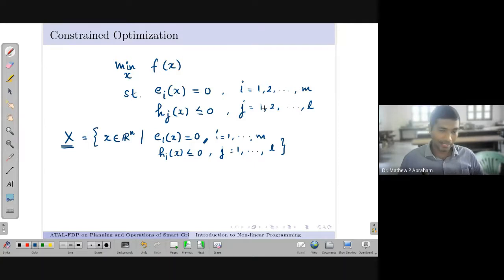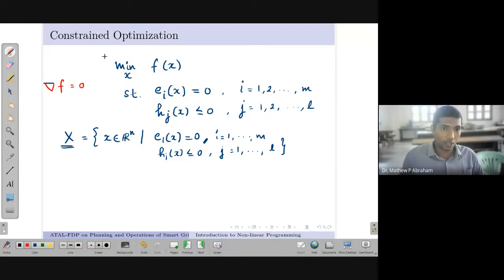Now, what is the necessary condition? Remember that the necessary condition in unconstrained optimization was that the gradient of the function needs to be equal to 0. In the case of constrained optimization, we need to define something called the Lagrangian function.